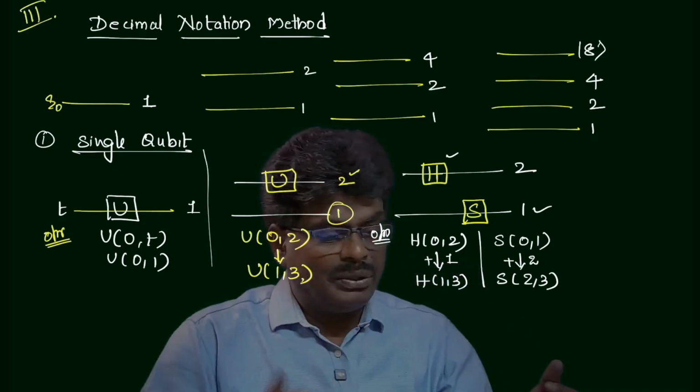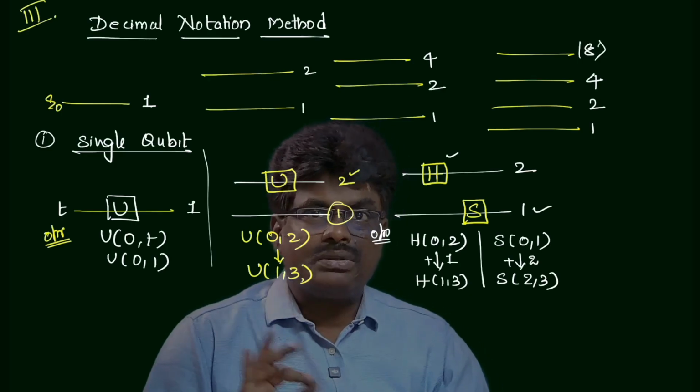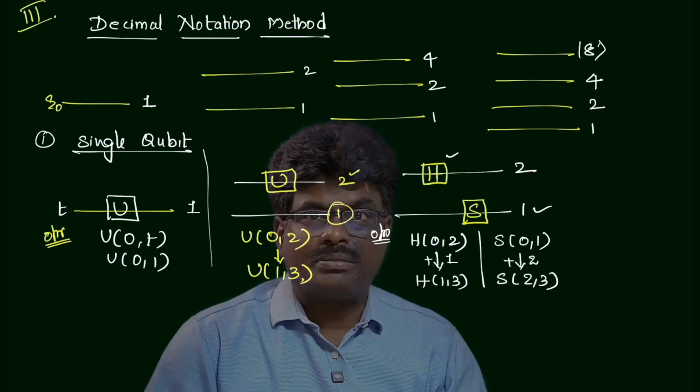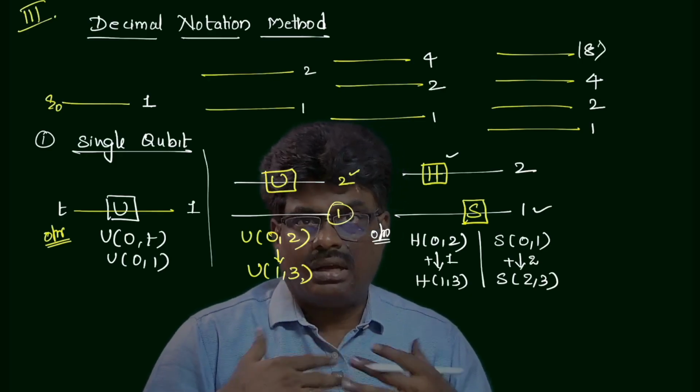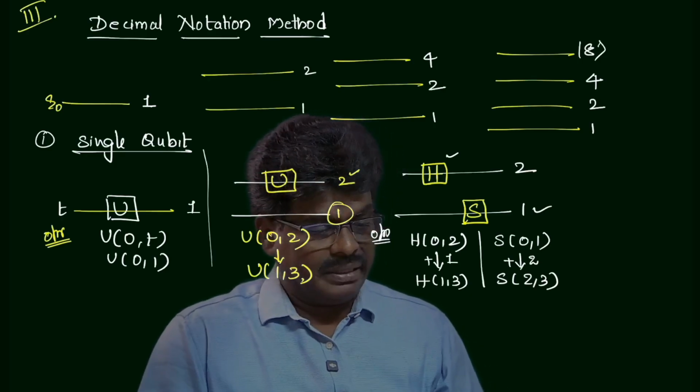If you have 3 qubits, then also I already explained this method. I request you please go through this. Definitely you will enjoy while you are solving these quantum circuits. It's very easy. I feel it's very easy. That's why I want to share with you. So please go through that method.